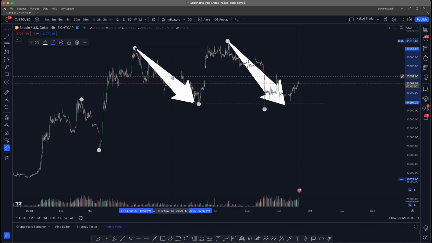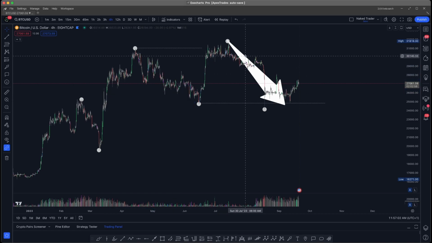There are many ways to figure that out. What we're never going to know is whether it's 25%, 30%, 50%, 75%, or even 90, 95, 98, 99% correction before it moves to the upside.